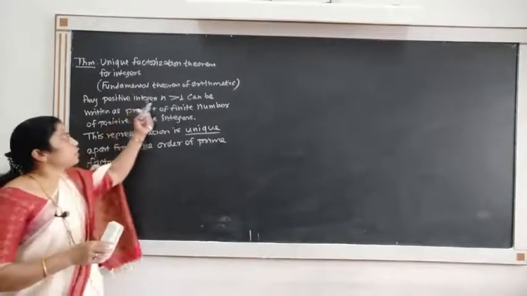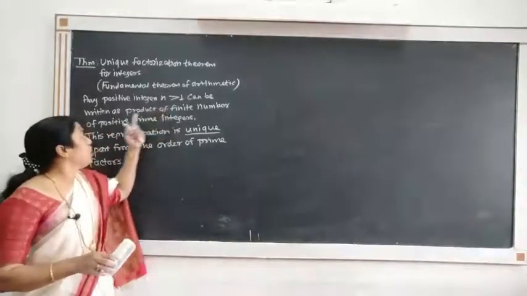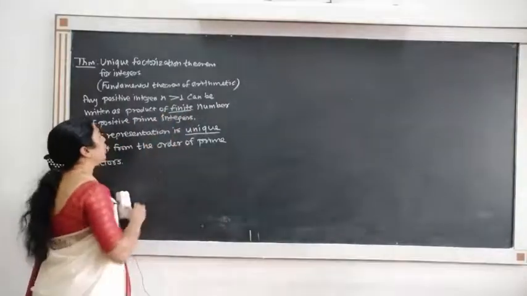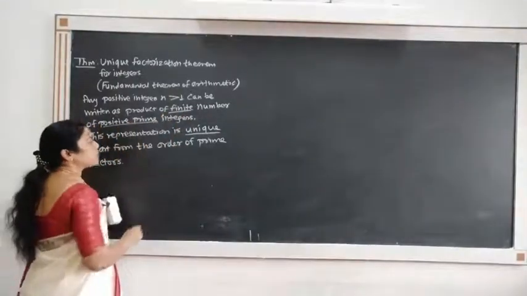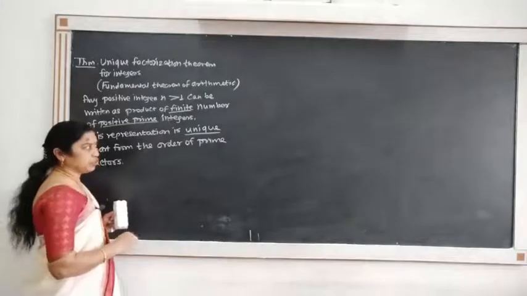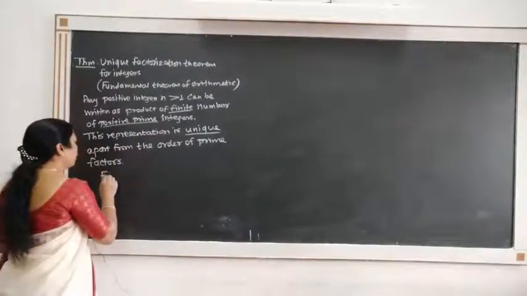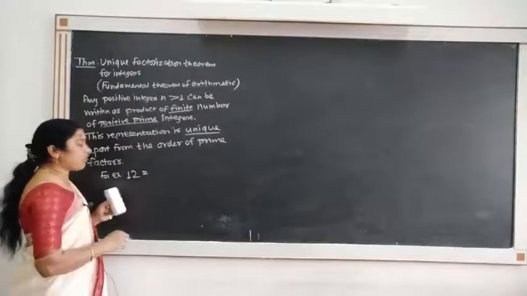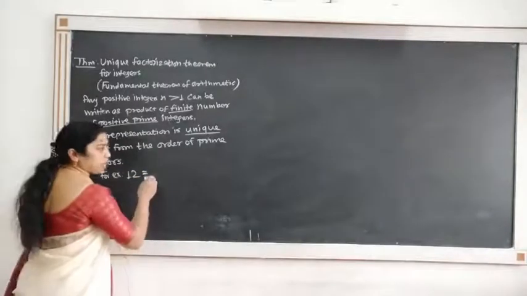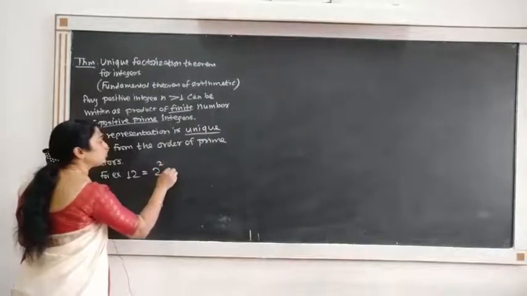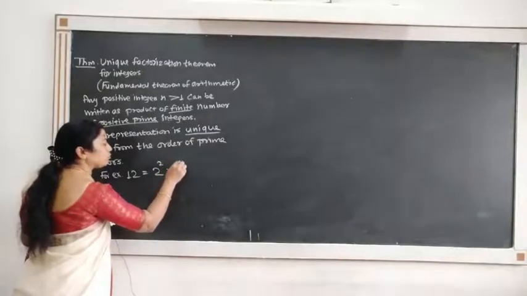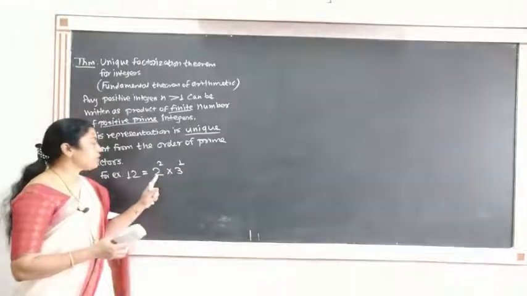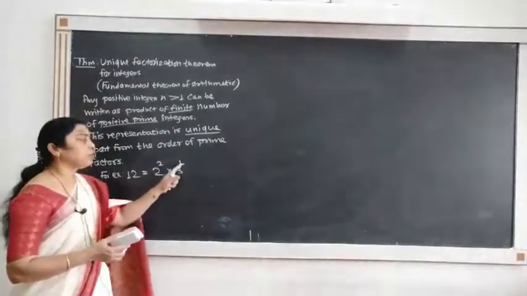So any positive integer n greater than 1 can be written as a product of a finite number of positive primes, and that representation is unique. For example, if you consider 12, you are able to write 12 as a product of primes, that is 2 raised to 2 into 3 raised to 1. 4 into 3, 12. 4 is nothing but 2 square into 3 raised to 1.